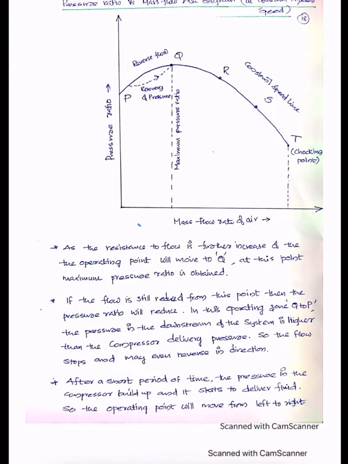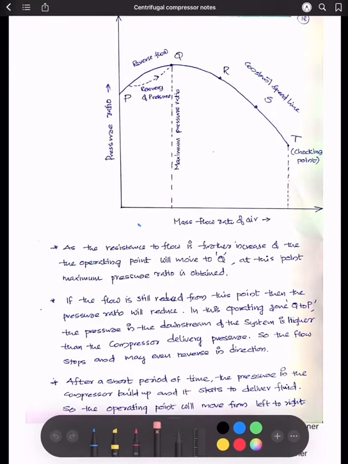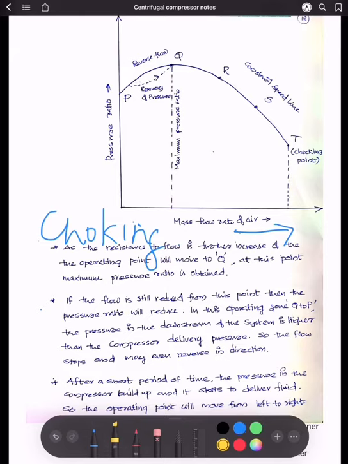So next is choking. So what is choking? Please concentrate on the graph. Let's say in this case we are increasing the mass flow rate. Now what happens when we increase the mass flow rate keeping the impeller speed constant? When we increase the mass flow rate of air, the pressure ratio decreases.